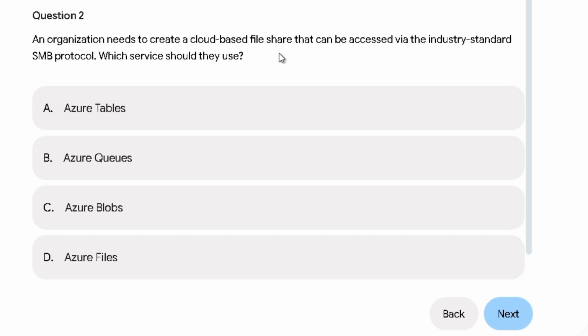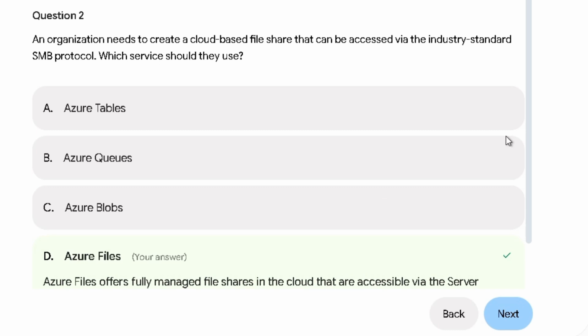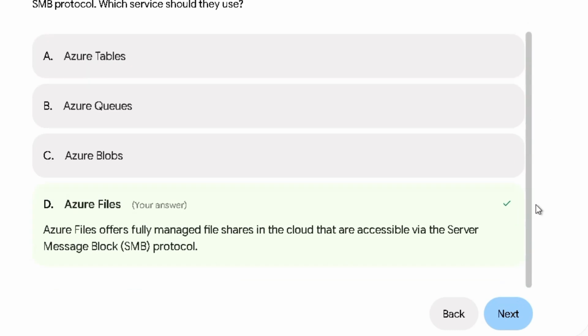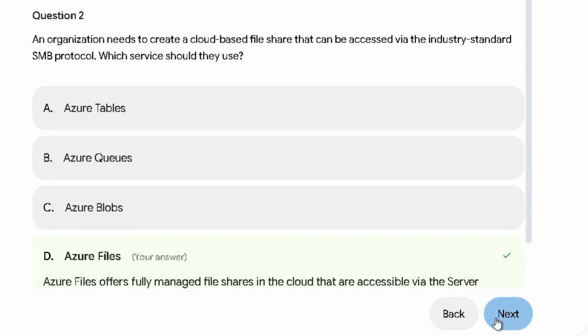So if I see questions related to stuff like that, it's going to be Azure Files. Azure Files offers fully managed file shares in the cloud that are accessible via Server Message Block, or also remember NFS, Network File System.